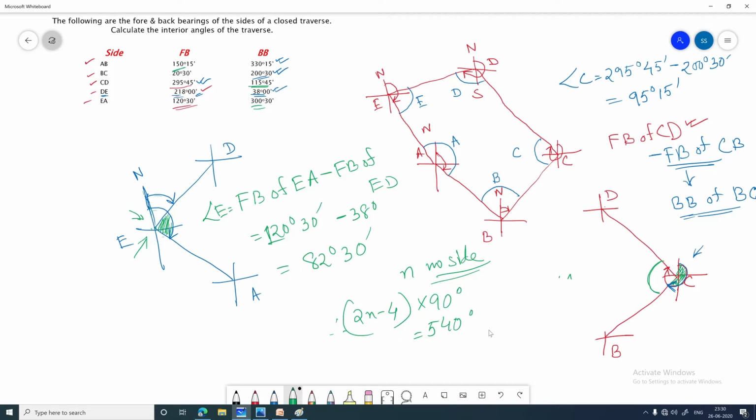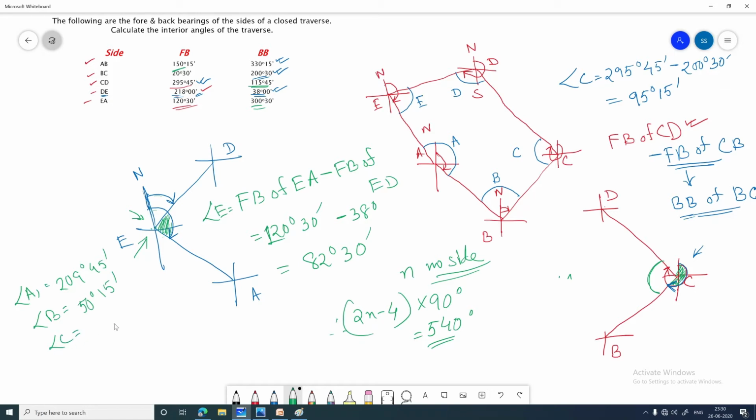Right now we just check whether the summation of those interior angles equals 540 or not. So what are the values of the angles? Angle A equals 209 degree 45 minutes. Angle B equals 50 degree 15 minutes.